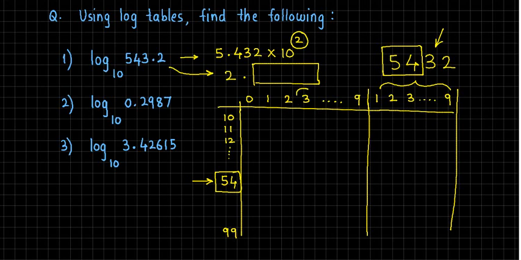So we go to the column of 3 in the first section, in the row of 54 only. At this point you will notice 4 digits written. I give you a few seconds to locate it yourself.